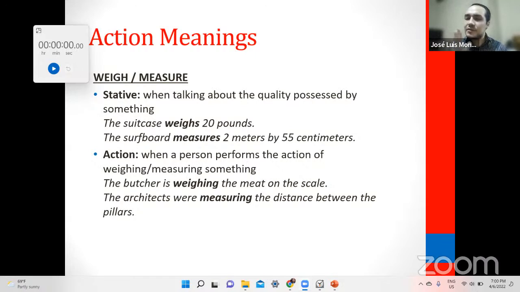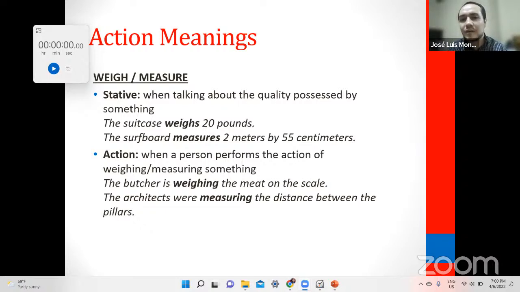And again, right, if you see, the difference is almost the same as with smell and with taste, right? When weight and measure are properties, qualities, they have to be a stative verb, okay? And they are never in continuous form, okay? You don't say the suitcase is weighing 20 pounds, right?